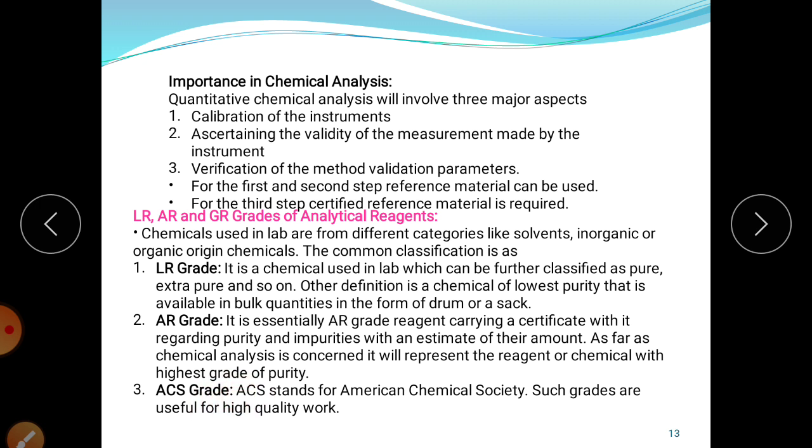Then we have ACS grade. ACS stands for American Chemical Society. Such grades are useful for high quality work. That means the chemicals with this ACS grade have very high purity.